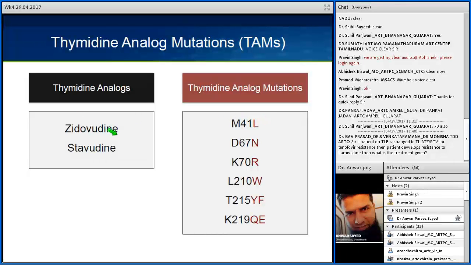You can still continue using these drugs. But if you continue the patient on a failing regimen, slowly there will be accumulation of mutations, more and more, leading to complete high level resistance to zidovudine and stavudine. This is called accumulation of TAMs, thymidine analog mutations. They may follow a particular pathway, that is, after one mutation, which will be the next one. There are two pathways for TAMs.